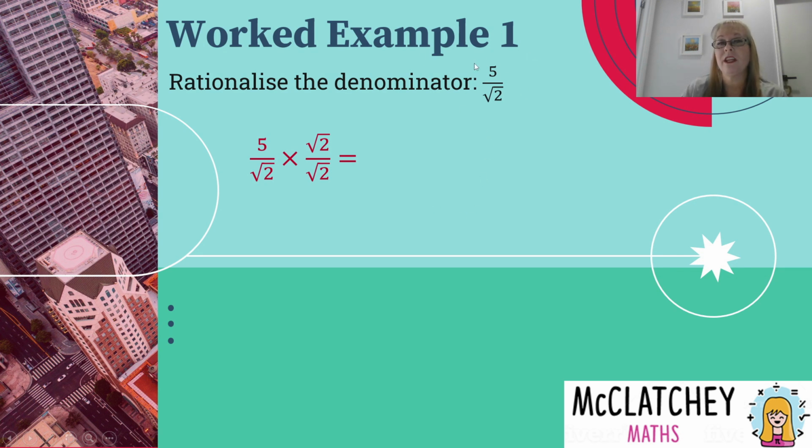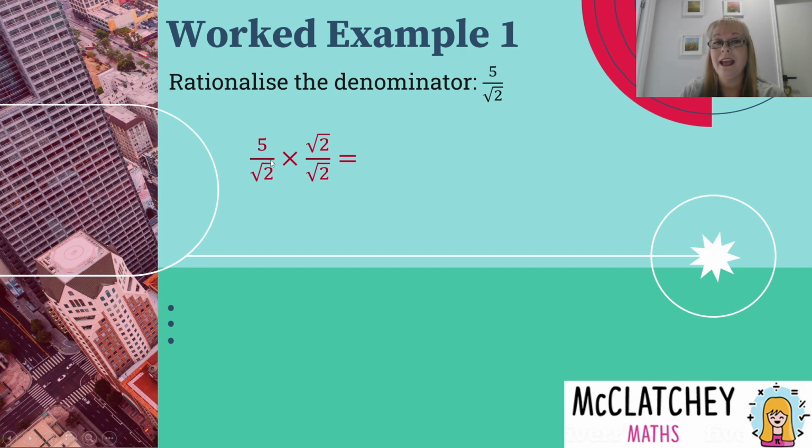So I've got this first one here where I've got to rationalise this denominator of root 2. So what I'm going to be doing is taking this denominator and multiplying it by 1 in the form of root 2 over root 2, because anything divided by itself equals 1. Now, remember, our rules for fractions is we multiply the tops, we multiply the bottoms, and then we simplify vertically. Now, when we do this, we've got a surd multiplied by itself, and that's the equivalent of squaring the surd.